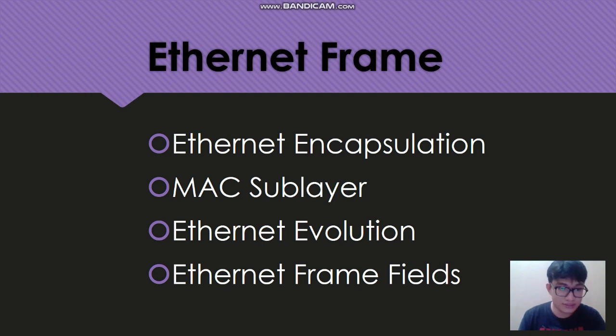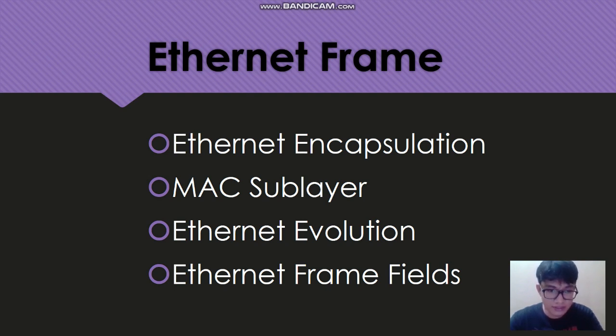The next one is the Ethernet frame fields. The minimum Ethernet frame size is 64 bytes and the maximum is 1518 bytes. This includes all bytes from the destination MAC address field through the frame check sequence, or FCS, field.